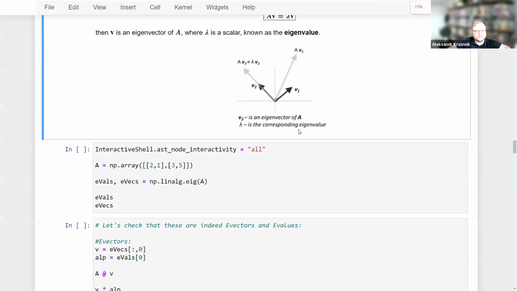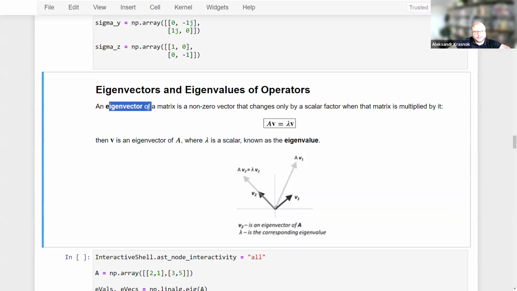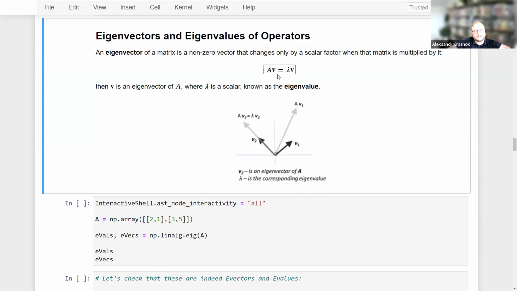So this is eigenvector. So any eigenvector, and by the way, the corresponding constant by which the vector changes its magnitude is named eigenvalue. And in order to find the operators eigenstates and eigenvalues, what you just need to solve this equation.